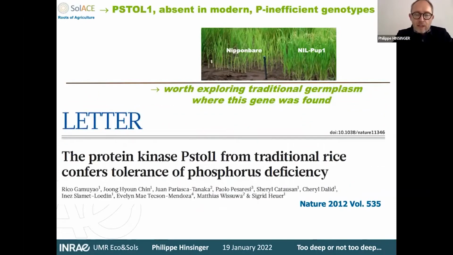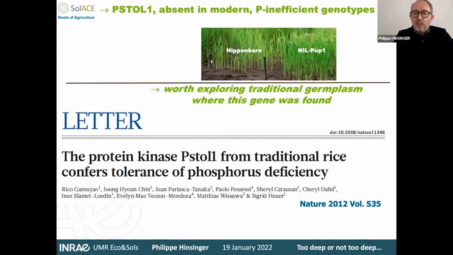A few years later, they published this paper where they actually identified the gene involved in this efficiency, and they call it PSTOL1 for phosphorus starvation tolerance.